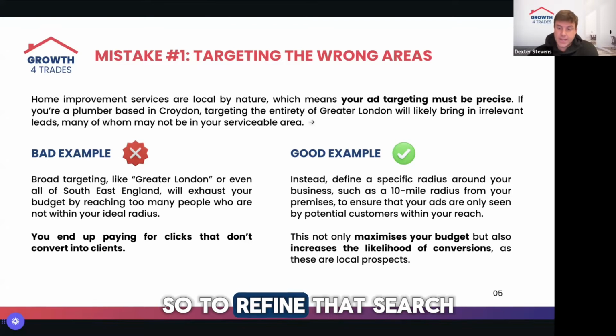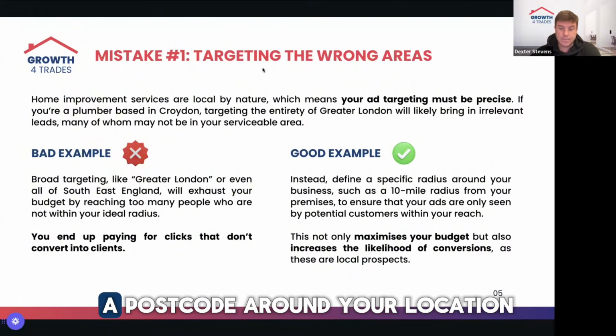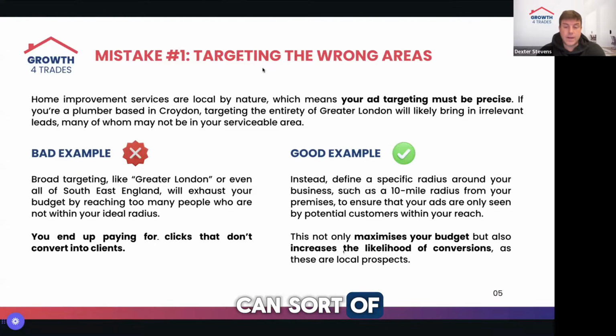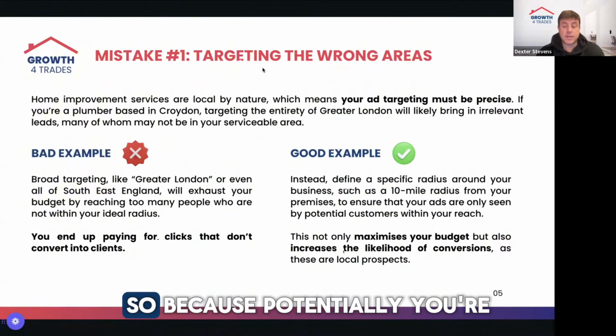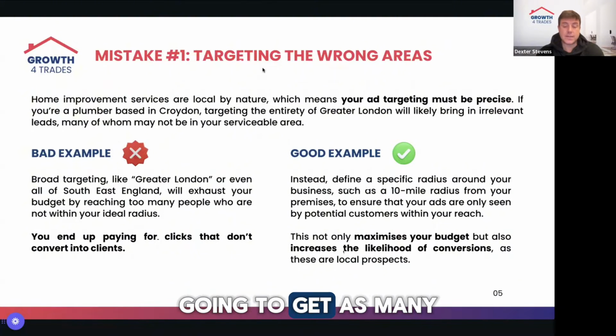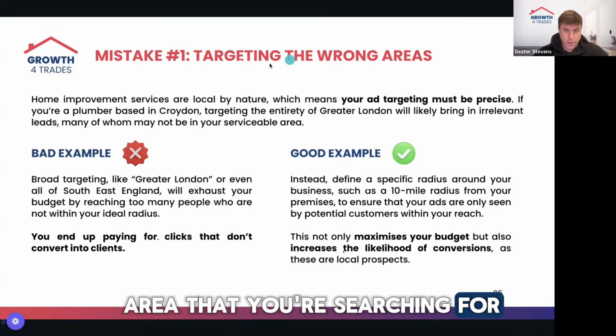So to refine that search, you can do searches from a postcode around your location, and that way you can optimize the account to maximize your budget, because potentially you're going to get as many leads in that local area that you're searching for.